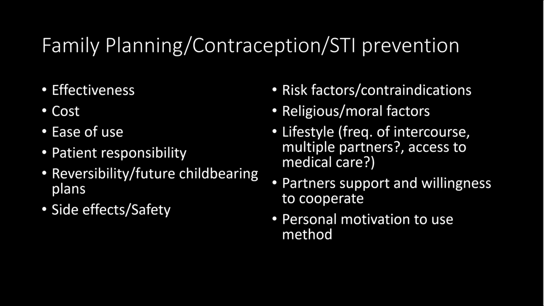For instance, the pull-out withdrawal method, or coitus interruptus is the technical term, that is not super effective. It is more effective if it's done correctly, but teenagers are not very effective at using that method. So that would not be a great, sorry, I got interrupted. That would not be a great choice for that patient.